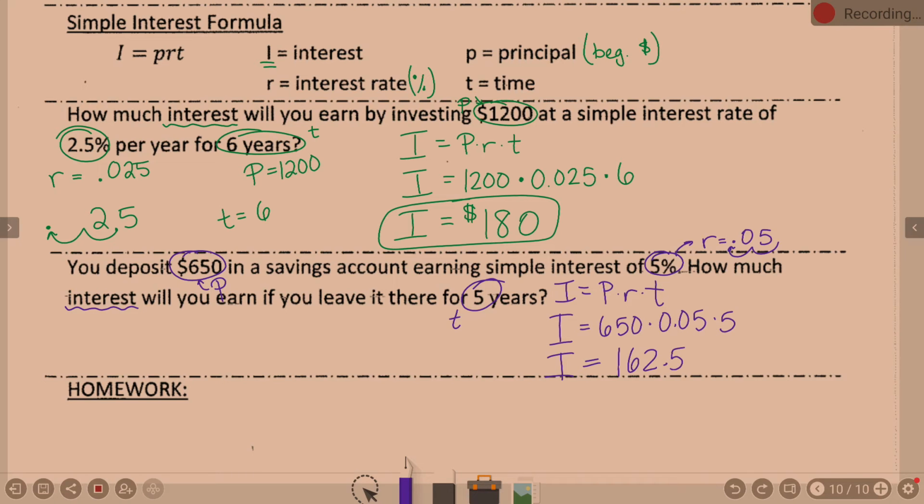I got the same answer. $162 and how many cents? 50 cents, because the 0 goes after the 5. And so it's $162.50. That seems like a lot of money.